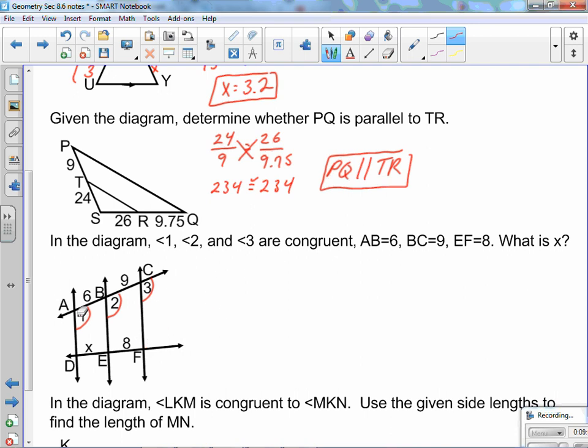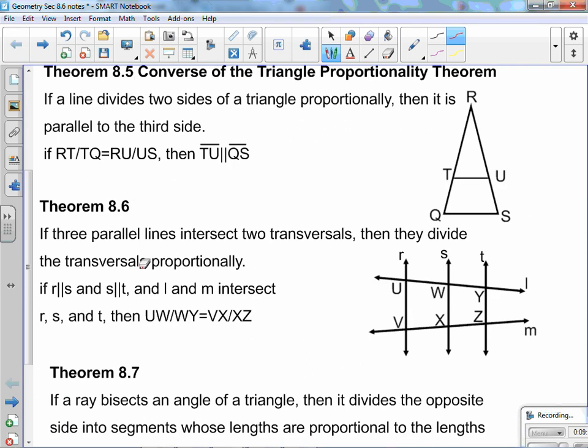So since they're all parallel, we're using theorem 8.6, right? 3 parallel lines intersecting 2 transversals. So we know that this segment over this segment should equal this segment over this segment.